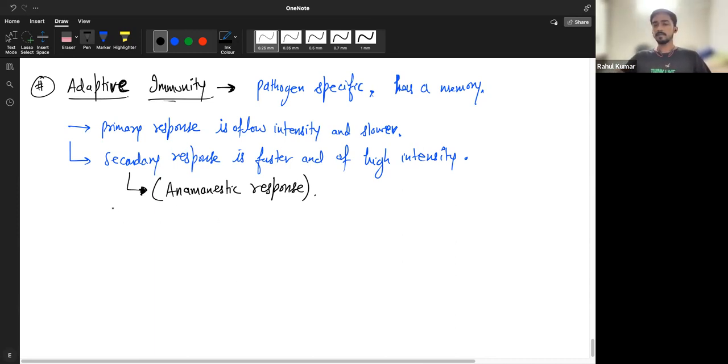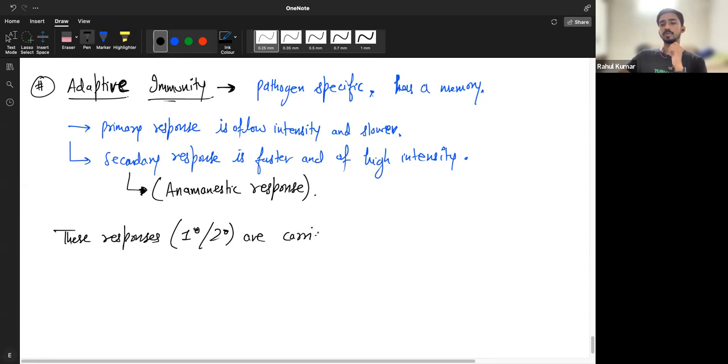So write down the next thing. Both primary and secondary immune responses are carried out. Anyone knows what causes adaptive immunity?